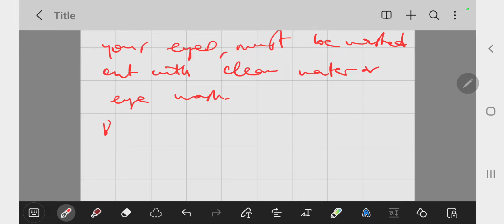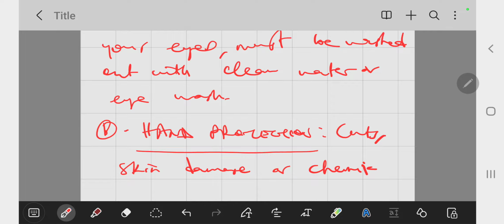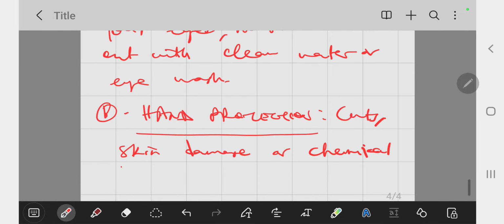Then another classification of PPE which we can have is hand protection, specifically to protect your hands. You need to know that you can injure or harm your hands from various things, such as cuts, skin damage, or even chemical burns.